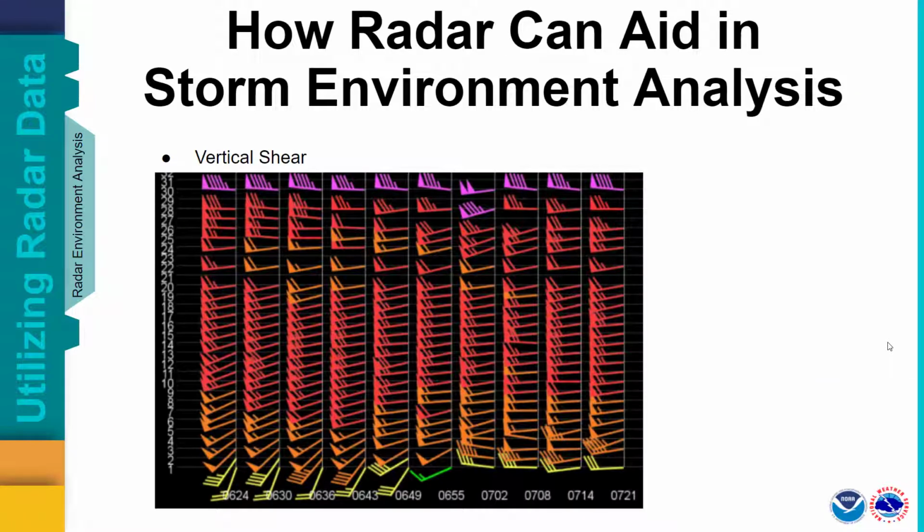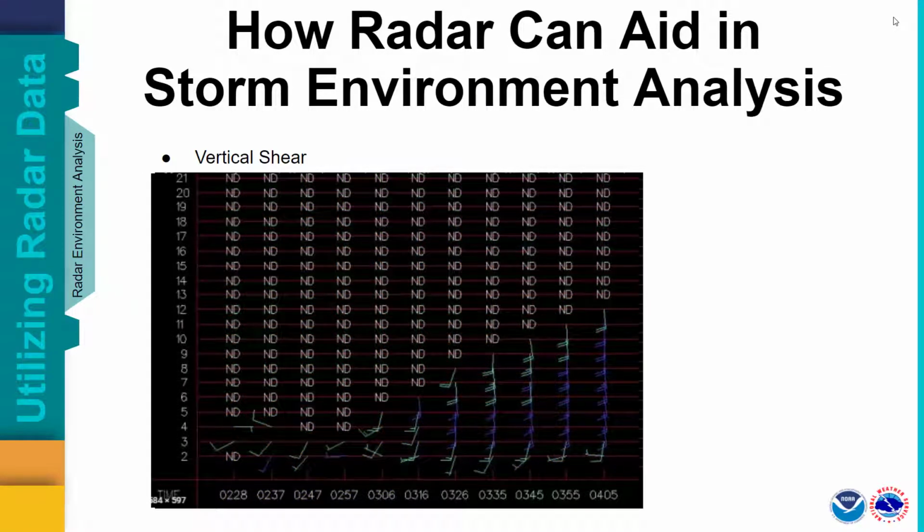The WSR-88D provides a vertical wind profile for each radar volume scan. This can be helpful for monitoring local area vertical shear. However, it comes with problems. In addition to questionable data quality at times, sometimes you may have very little data at all, although this example shows a gradual increase with time. This often relates to increasing low-level moisture and greater depth of potential targets to support VWP data.